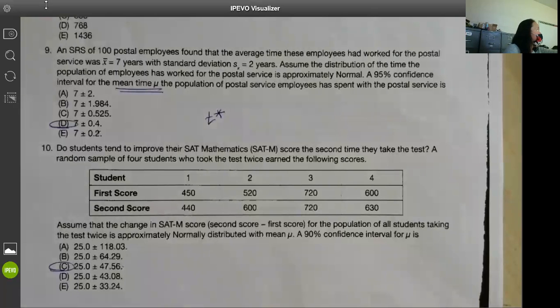Everybody good? So like, this is John. So if the mean. Okay, so if, hold on. That you're talking about is if they do not give you a proportion and they ask you about the sample size.